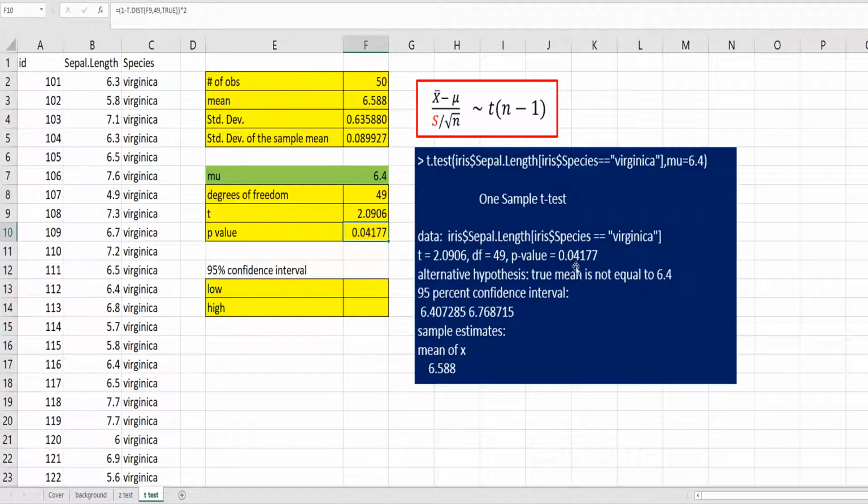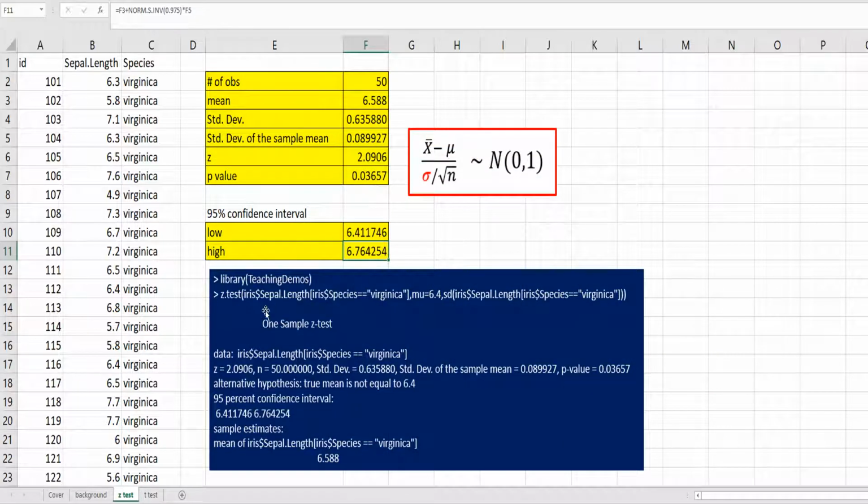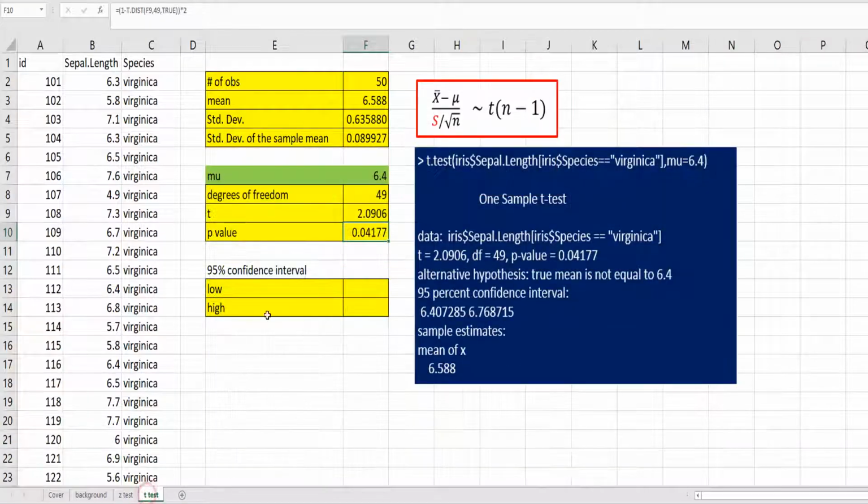So this is the same as this one. Again, the value is different, but for the Z-test or T-test, based on whether we know the variance or not, we can reject the null hypothesis, considering a 5% significance level. So we can say that the iris sepal length for Virginica data doesn't have mu as 6.4.